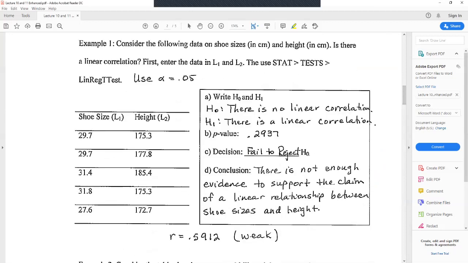Consider the following data on shoe sizes and height. And these measurements are in centimeters. And we want to know, is there a linear correlation? First, we're going to enter the data in lists 1 and 2. Then we're going to use stat tests, linear regression t-test. We're going to test whether or not there is a linear correlation between shoe size and height.